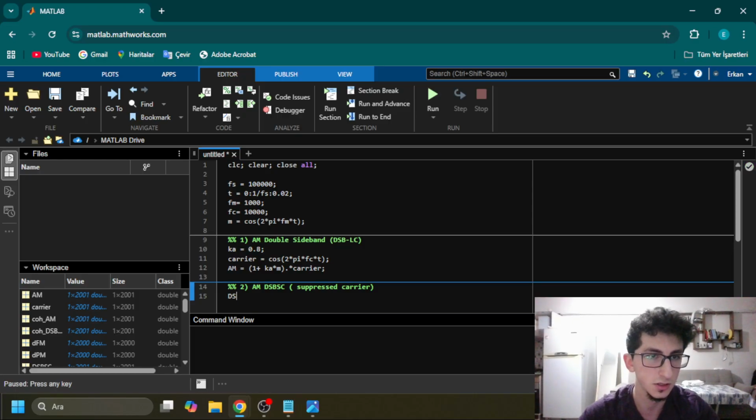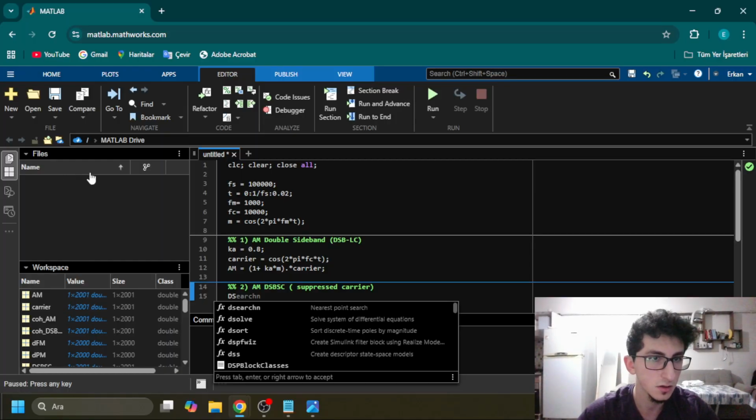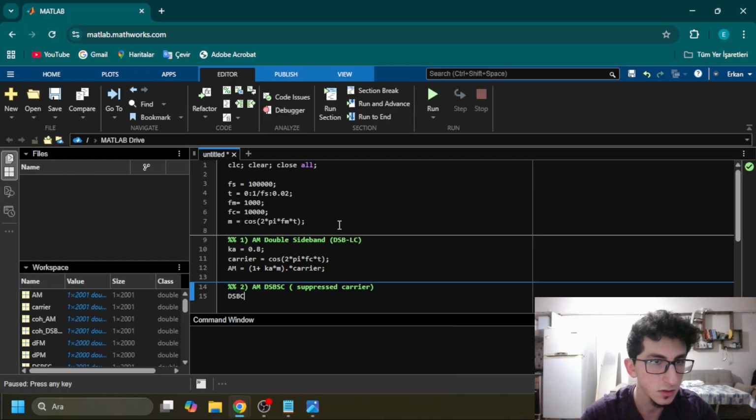It's gonna be DSB and it's equal to carrier signal. So our code is gonna be like that. As I said, we have defined this code as a second step.